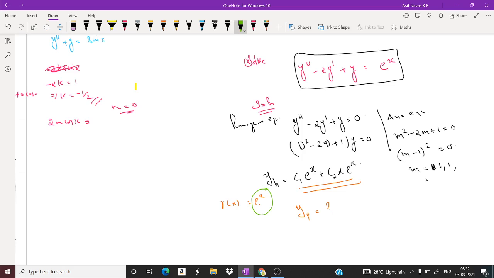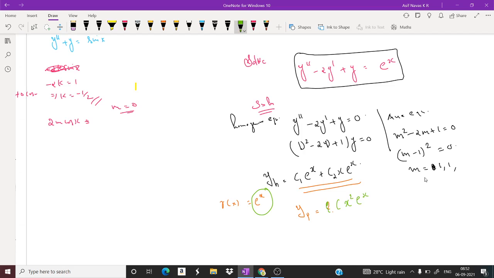Can we take k e raised to x, or c e raised to x? No, sir. Can we take c x e raised to x? No. So what we can take is c x square e raised to x.